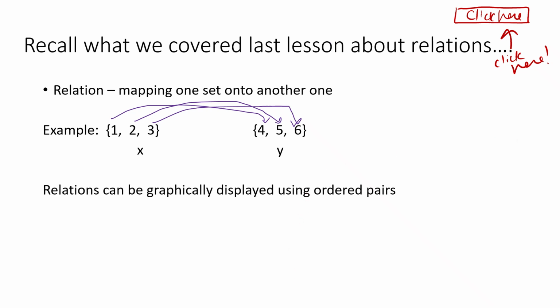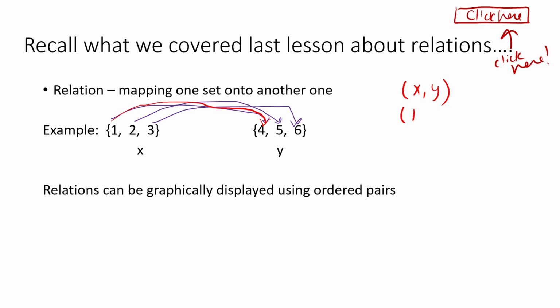Now, relations can be displayed using ordered pairs, which is kind of cool. So we know that we have these ordered pairs from previous study in algebra, where you have an X and a Y. And since we have assigned the X's to be our originating set, we can look at the mapping and see, well, what does that X go with?